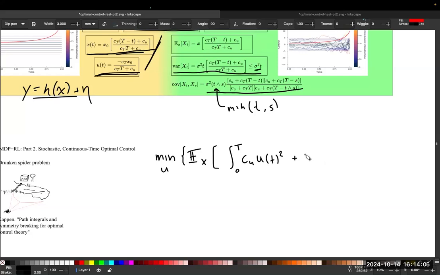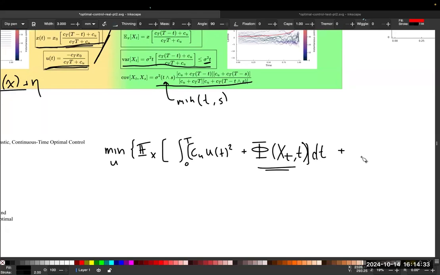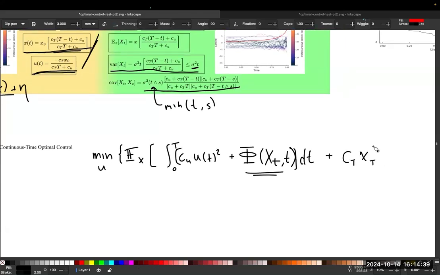And now we're also going to consider a phi dependence on x_t and t. So this is our new state dependent cost. I'll illustrate that in a second, but I also want to include our terminal state cost that we had as well.